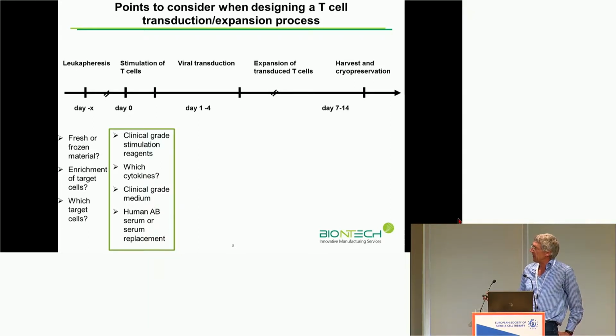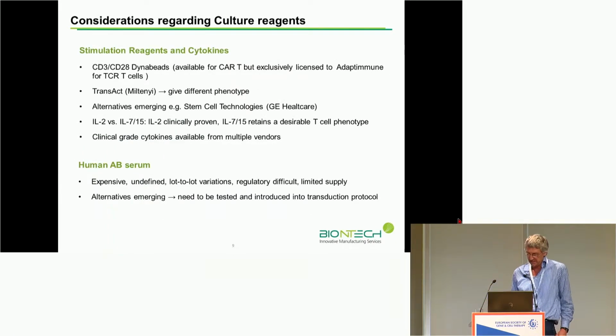You will need clinical grade medium, but there are a lot of media out there that are suitable for T cells. You have to decide on one. And then most of the lab scale protocols use AB serum, even if the media claim to be serum free, most people still use AB serum in their culture. But you have to decide if you want to do this. Again, in the next slide, I have some considerations for that.